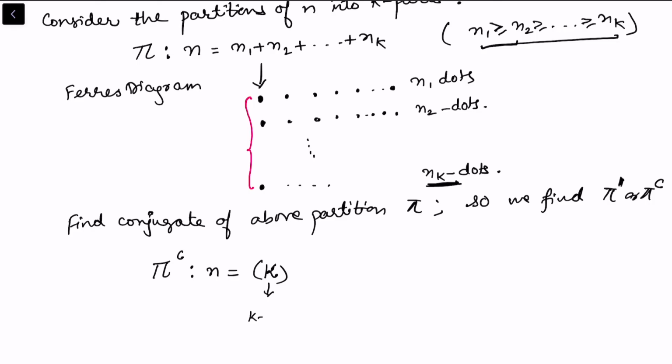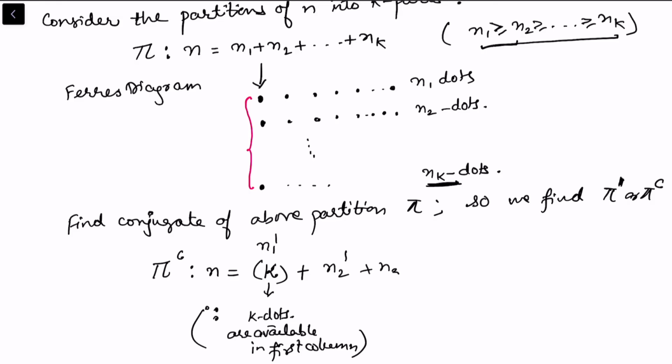Since there are k dots available in the first column, when we read it vertically we see k dots in the first part. Let me call this value n1 dash, and then we have n2 dash plus n3 dash and so on.